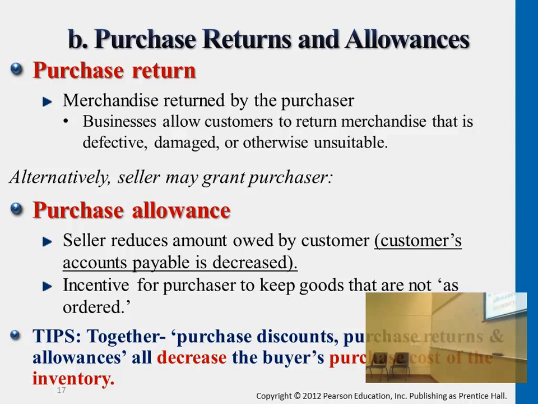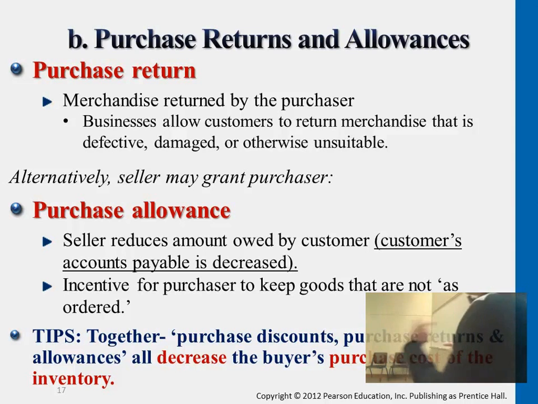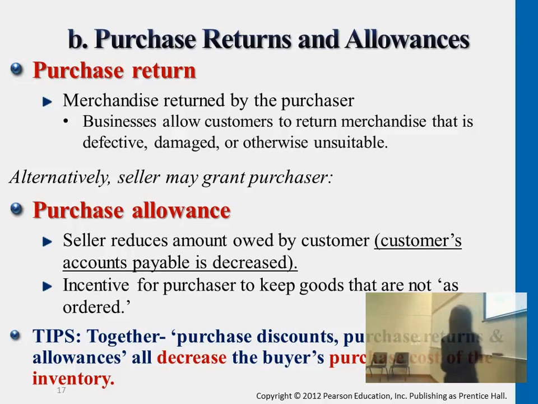So purchase return is one case. Purchase allowance is the case without returning the goods, but in both cases you will have a reduced amount of liability. Meaning that earlier you purchased inventory $700, you thought this is the value of the goods that you will have in a few days. But then when you receive it, let's say the total value that you can actually use to resell to customers is only worth $600.